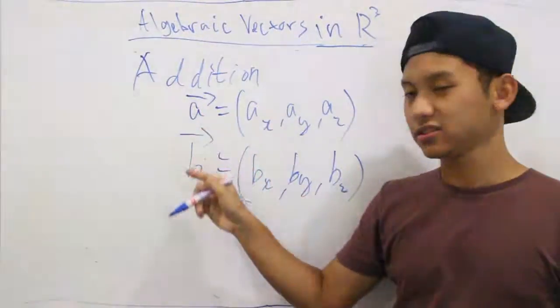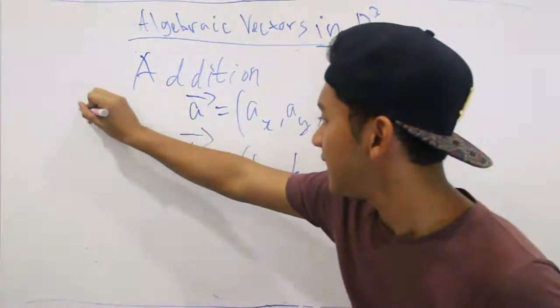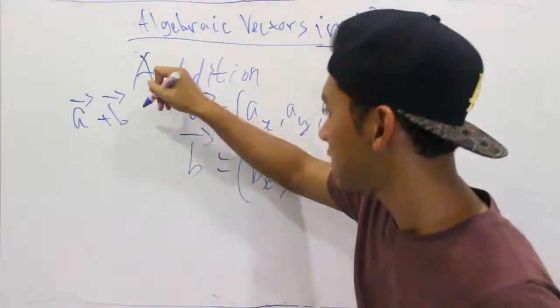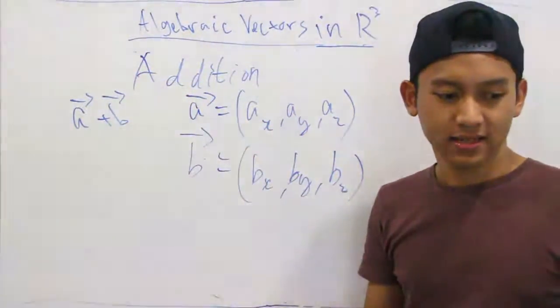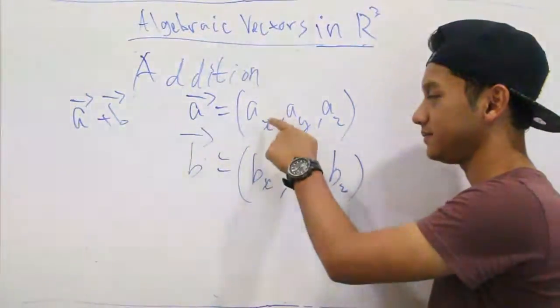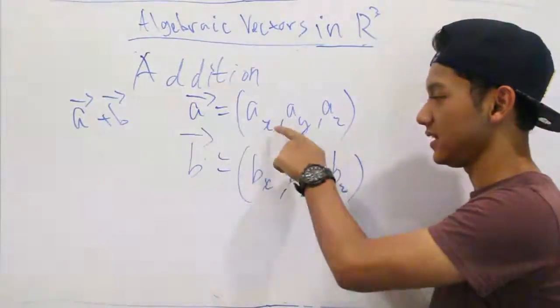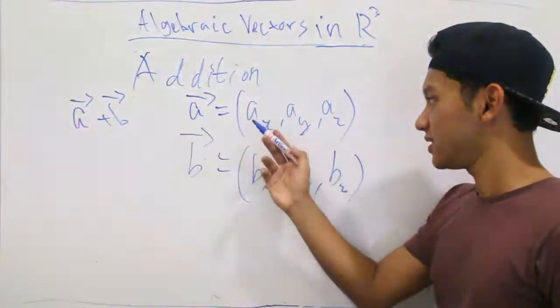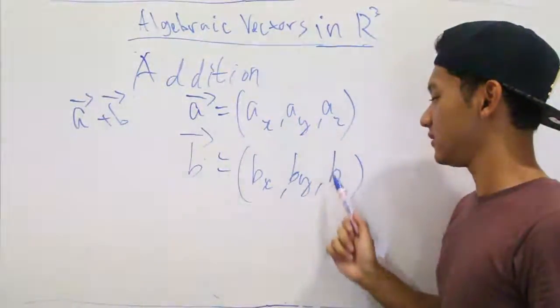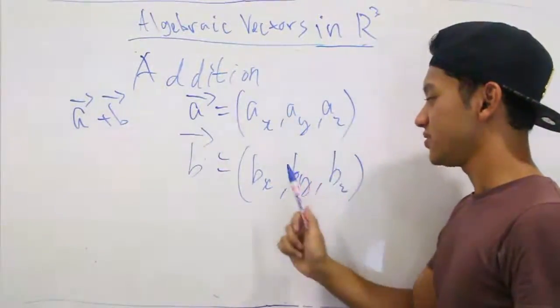If we want to add these two vectors, vector A plus B, same thing, we add the corresponding coordinate axis with the other one, which means AX plus BX, AY plus BY, and AZ plus BZ to find each coordinate.